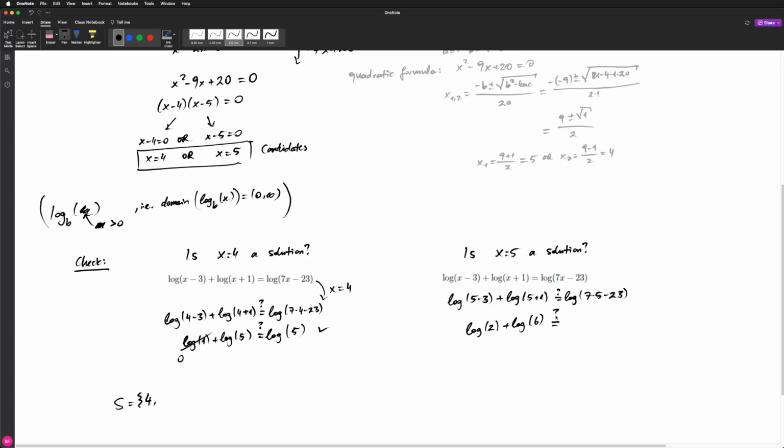Is it equal to logarithm of 7 times 5, which is 35, and 35 minus 23 is 12? And addition outside is multiplication inside for logarithm. For that reason, everything checks out. So it turns out both candidates were solutions, and we're done.